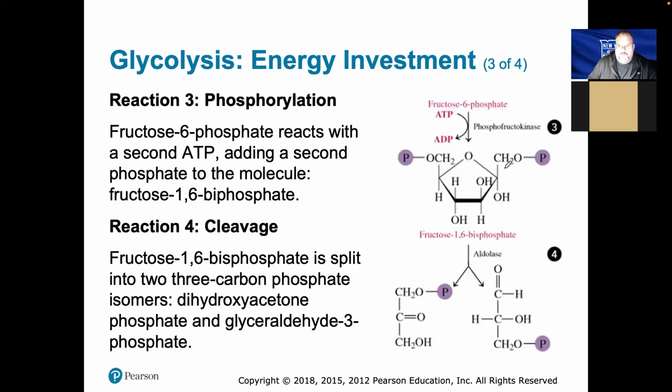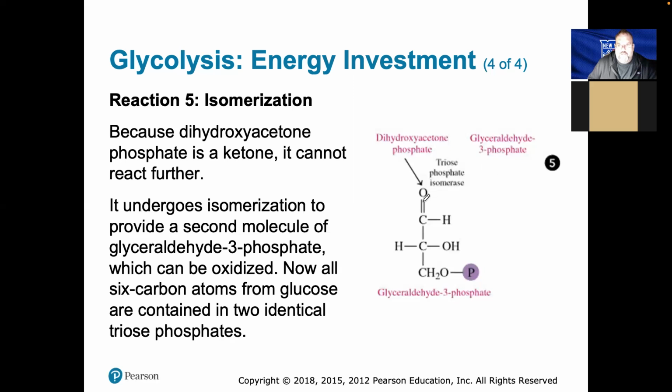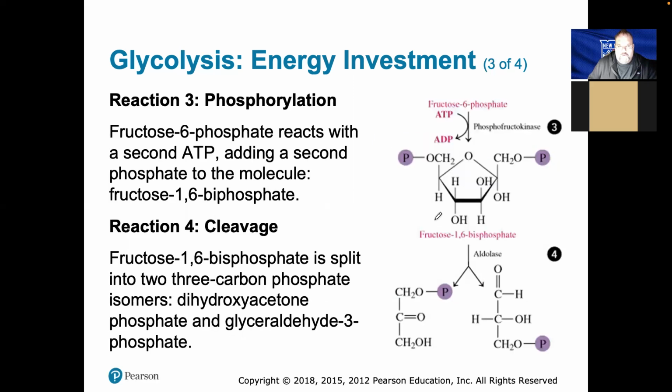And trying to see, that would be this structure here. Dihydroxyacetone, that would be this structure. So this here, the dihydroxyacetone phosphate, that would be this, because acetone is CH3, C double bond O, CH3.